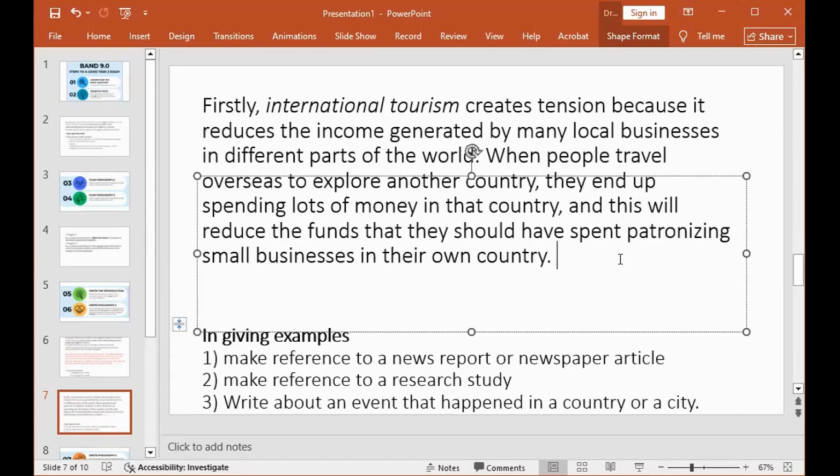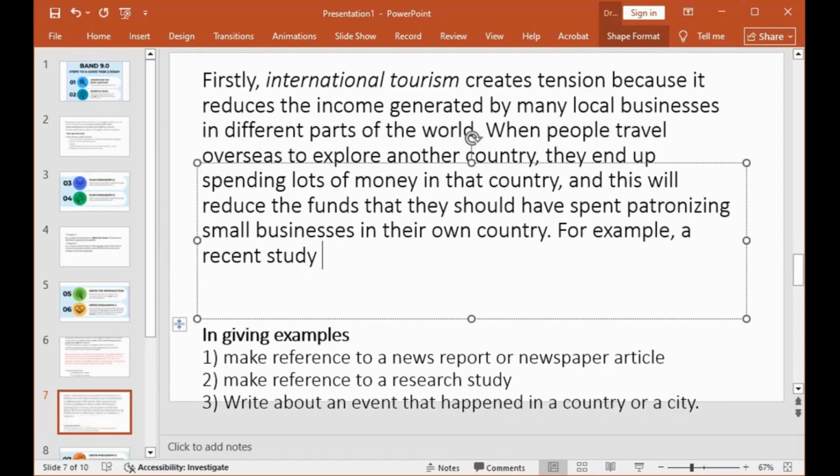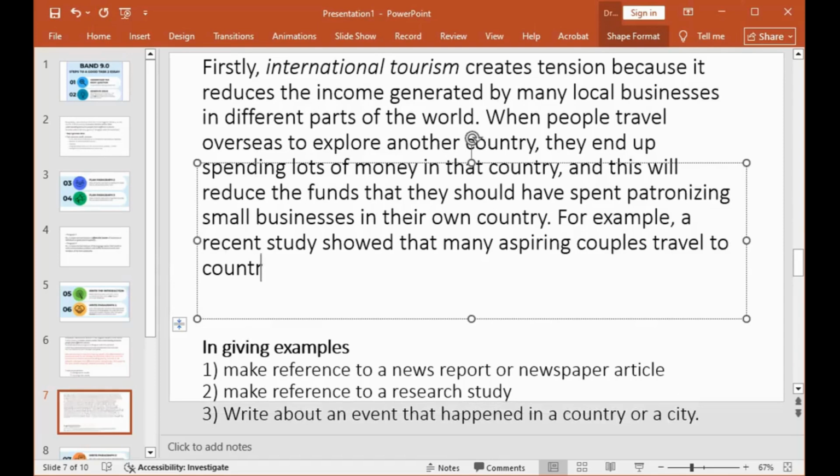Now, for example, a recent study showed that many aspiring couples travel to countries like, what's the name of this country where people go for honeymoon now?